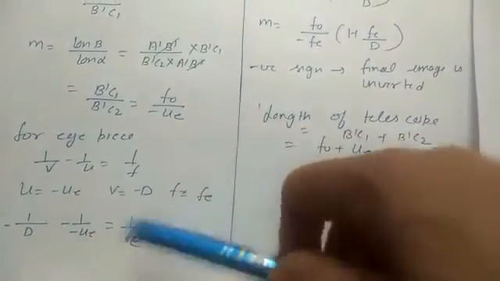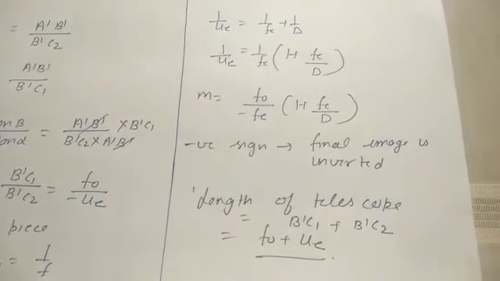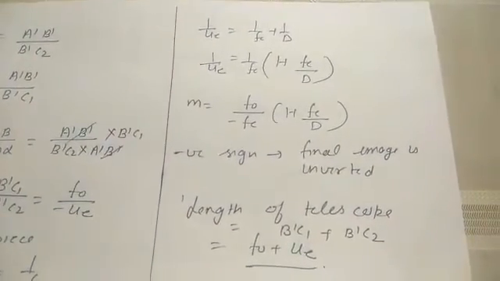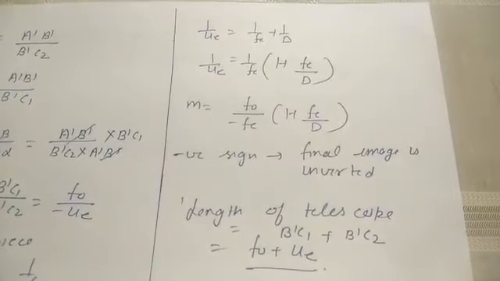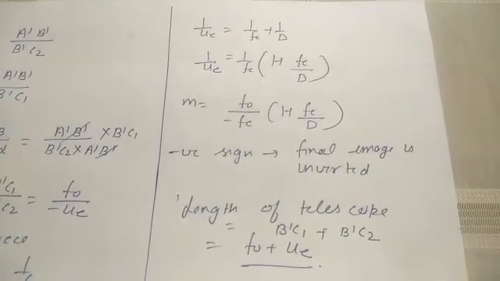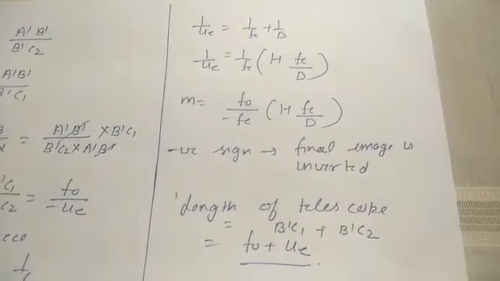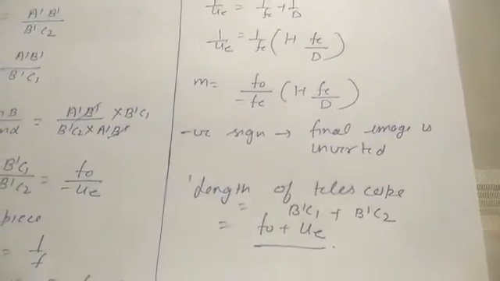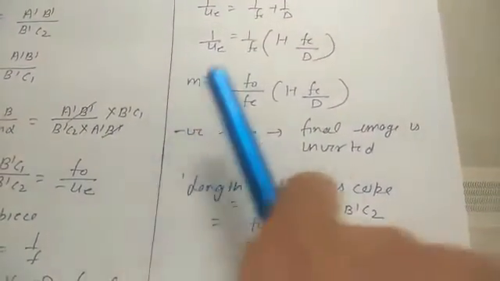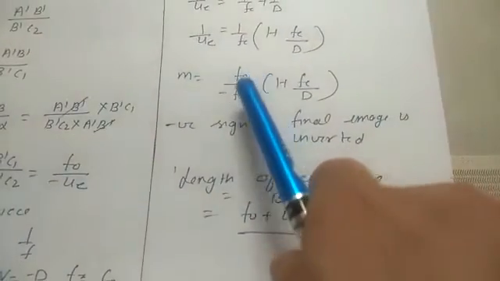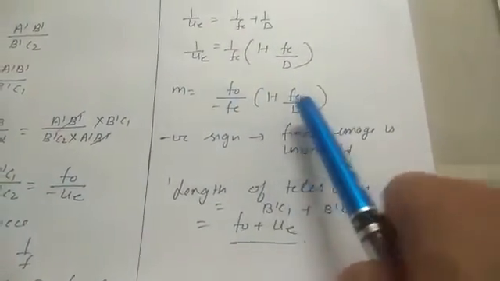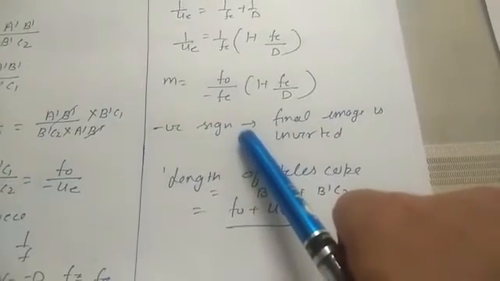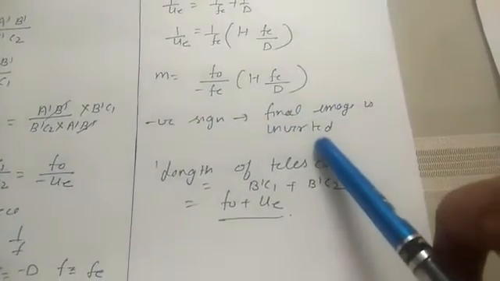Putting the values, we get 1 upon UE equal to 1 upon FE plus 1 upon D. So taking 1 upon FE common, we will get 1 plus FE upon D. So by putting the value of 1 upon UE in this equation, we get M is equal to FO upon minus FE into 1 plus FE upon D. So what does the negative sign indicate? That the final image is inverted.